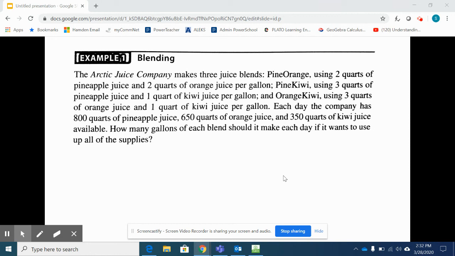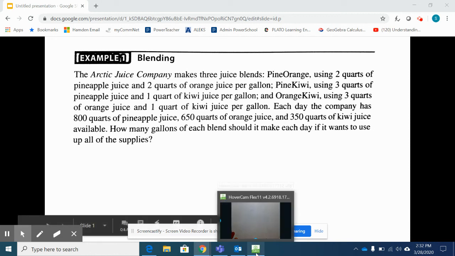Each day, the company has 800 quarts of pineapple juice, 650 quarts of orange juice, and 350 quarts of kiwi juice available. So this is the most important part of it. How many gallons of each blend should it make each day if it wants to use up all the supplies?